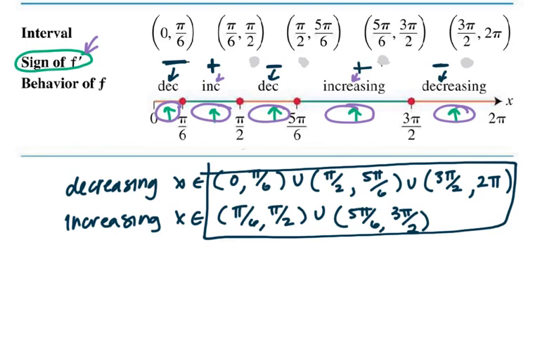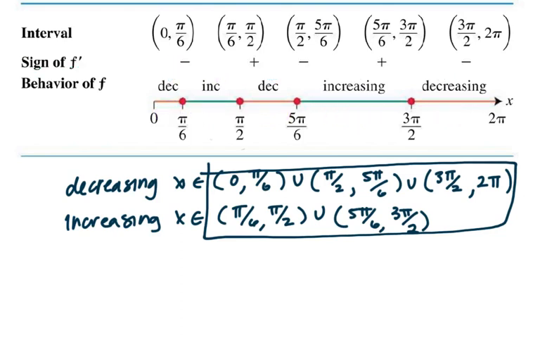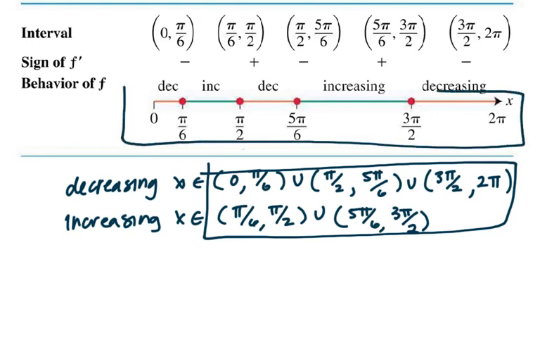So the last thing we want to talk about here is, are there any extreme values? So I'm going to zone in just on this number line here. All right, and we said we had negative, positive, negative, positive, negative derivative values. So negative means that the graph is decreasing.